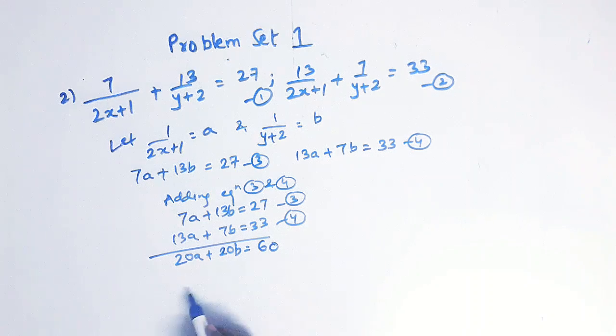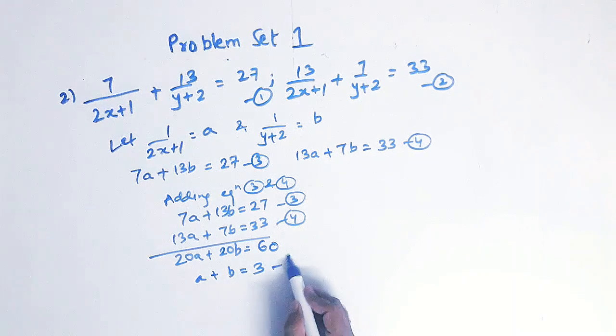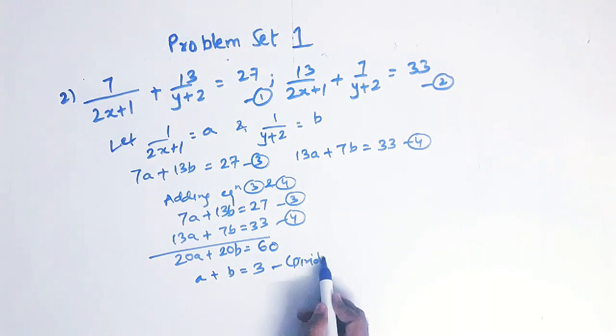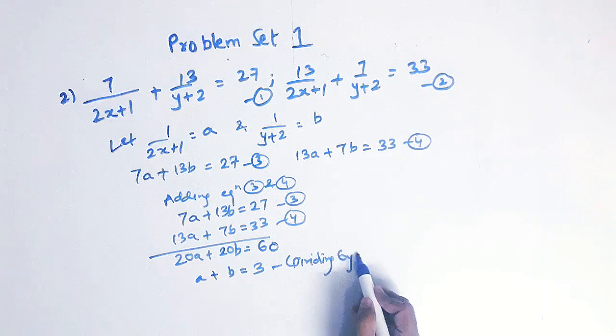Simple. Which number will we divide it by? 20. So a plus b equals 3. We'll divide it by 20.